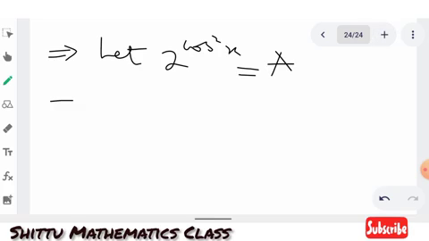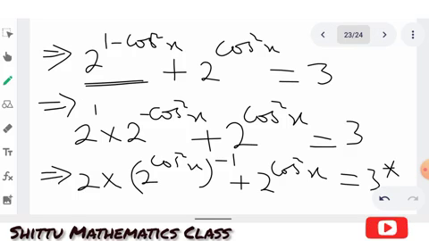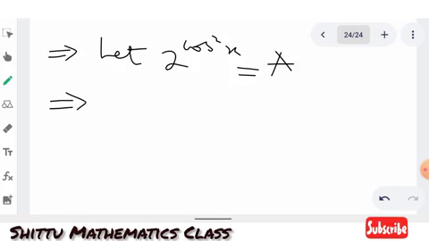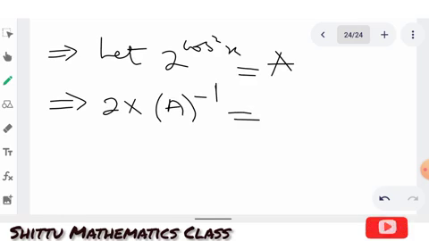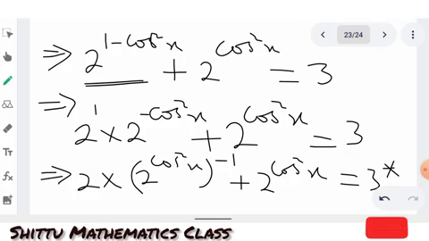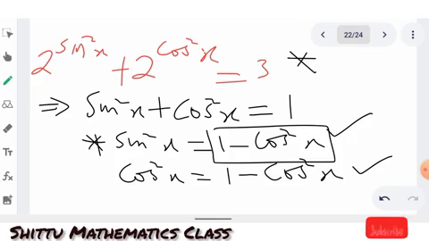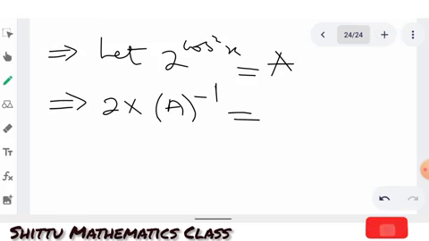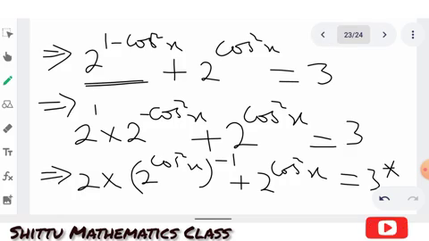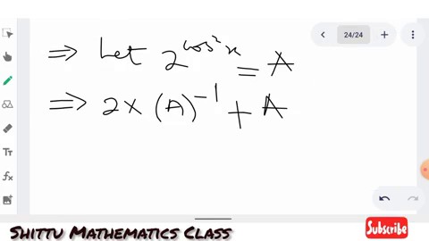Therefore, we can see 2 times a to power minus 1 equals, this should be plus, I omitted this. This should be plus a, equals 3.